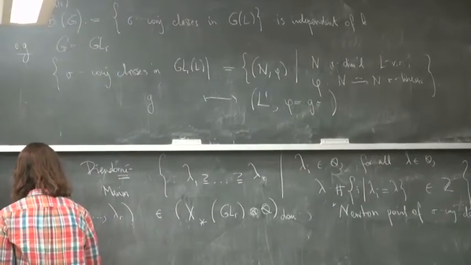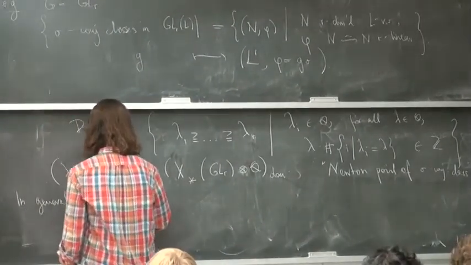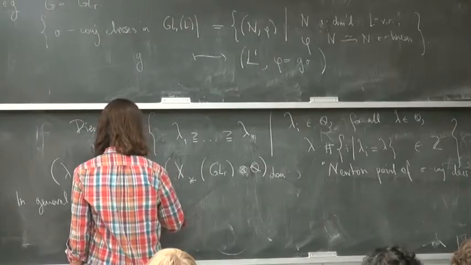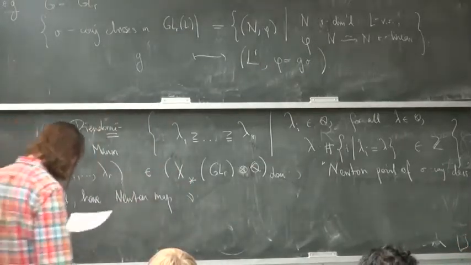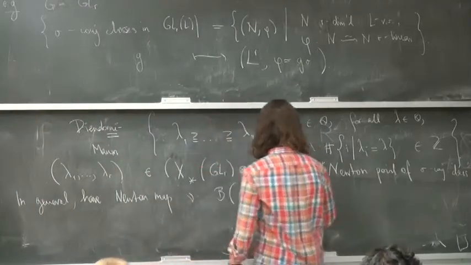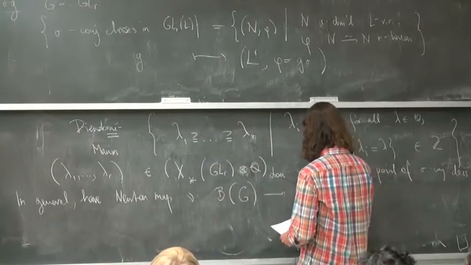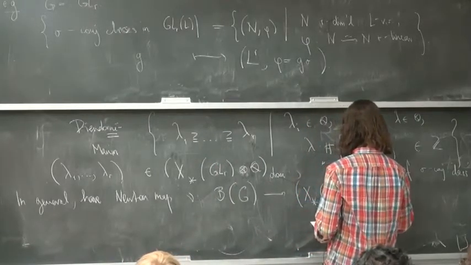So let me call this part. So in general, we have the Newton map, which I think is called nu for Newton, which goes from B of G to rational co-characters of G, dominant.